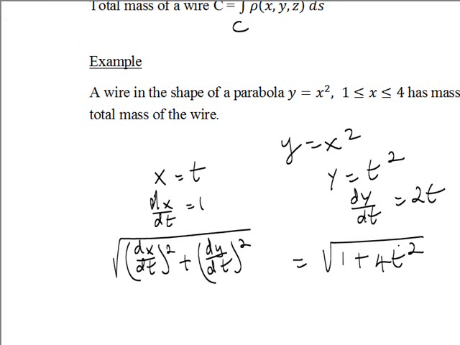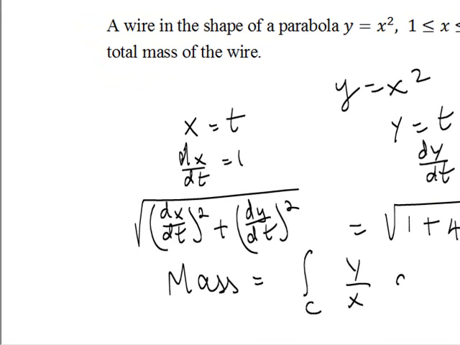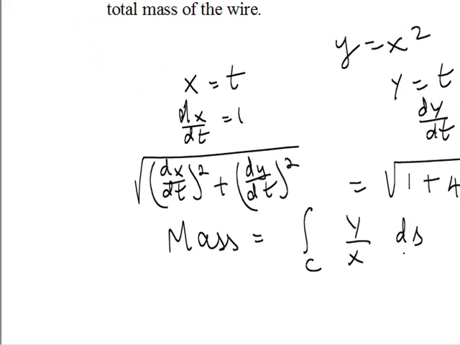Okay, now let us set up the integral, right? The mass from the formula above is the integral over C of the density y over x ds. So set up the integral. And so now let's substitute. So this becomes the integral.